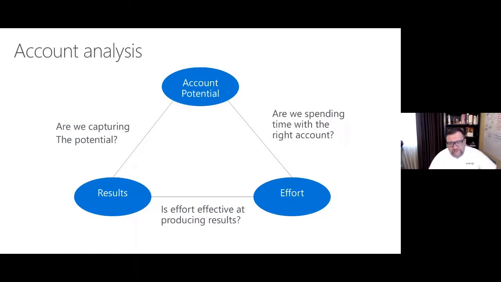And there is another schema that probably you could use to explain your sales report. There are 3 main cornerstones: account potential, effort, and results. That is a triangle that you need to include to explain your report.